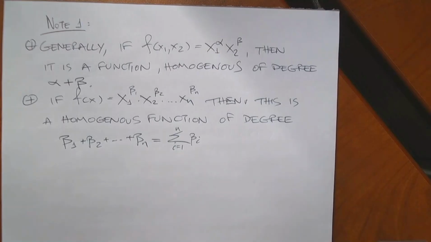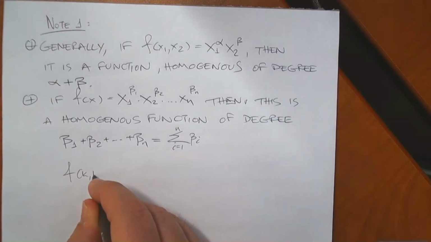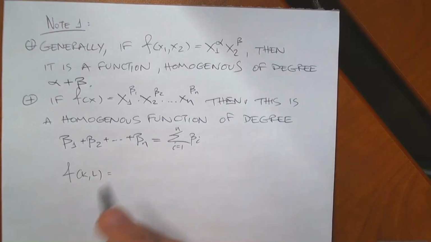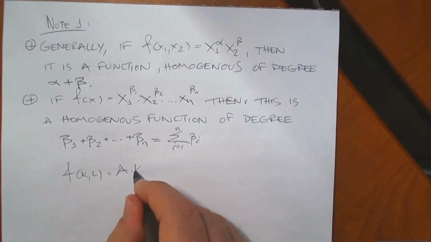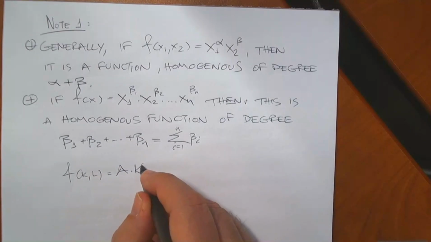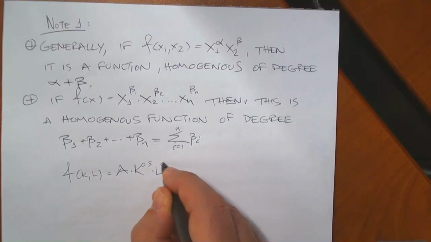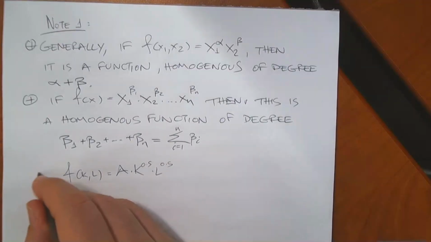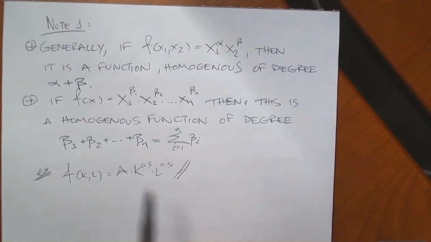So you would say f of k, l is equal to whatever parameter times k to the power of 0.5 times l to the power of 0.5. How do you figure out whether this is a homogeneous function?